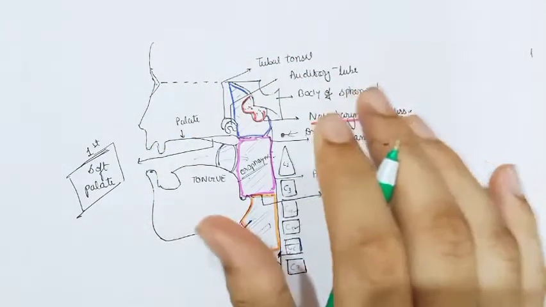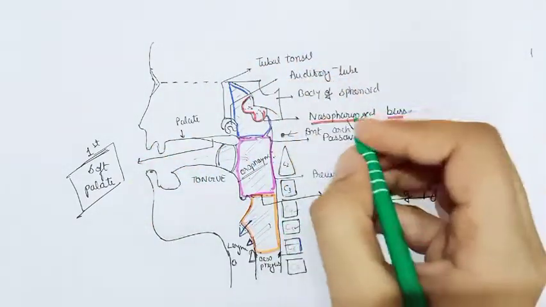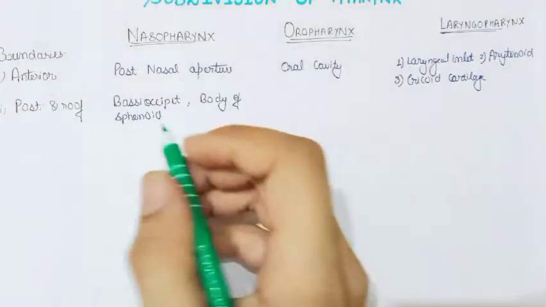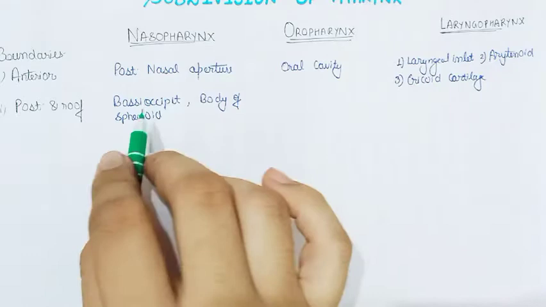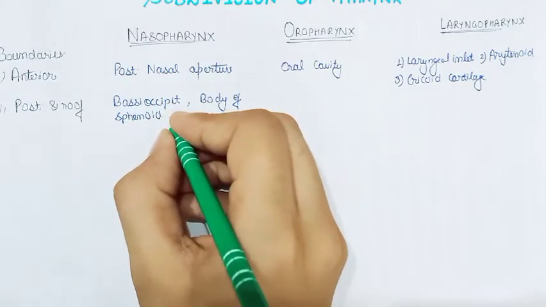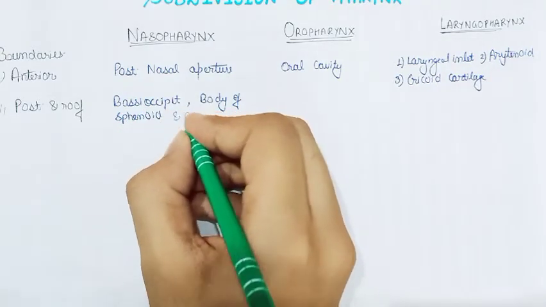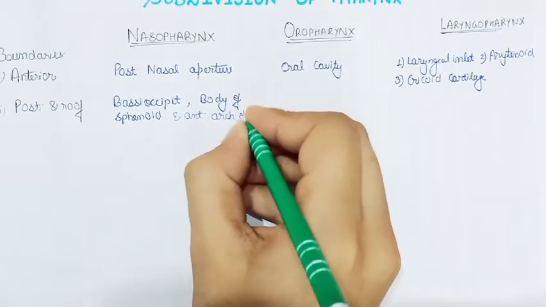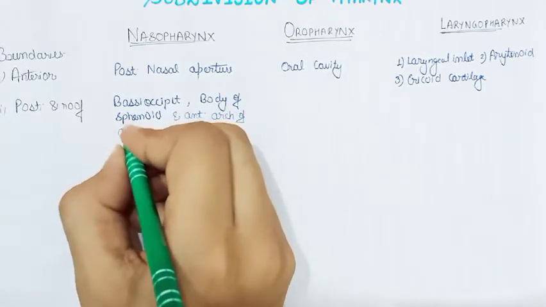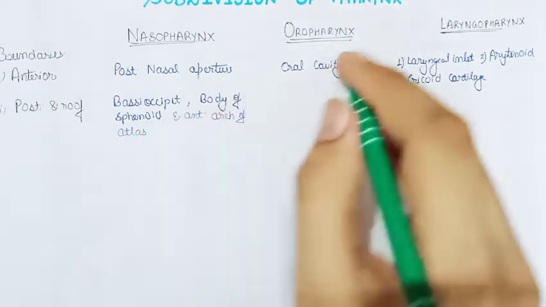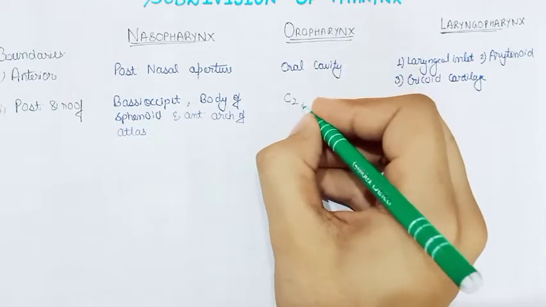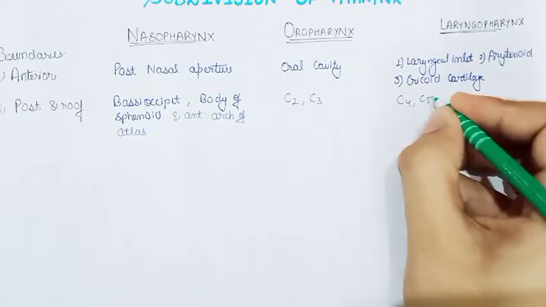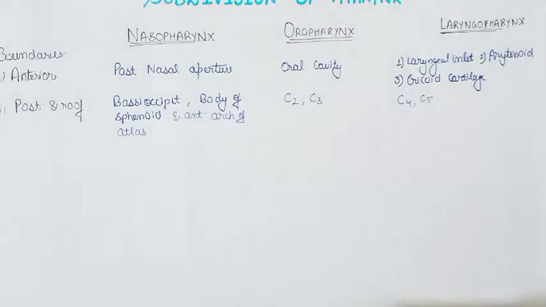So the posterior wall and roof of nasopharynx are constituted by the basal occiput, body of sphenoid, and one more thing, the anterior arch of atlas, that's C1. In case of oropharynx we have simply C2 and C3, and laryngopharynx we have C4 and C5 and a very small part of C6.